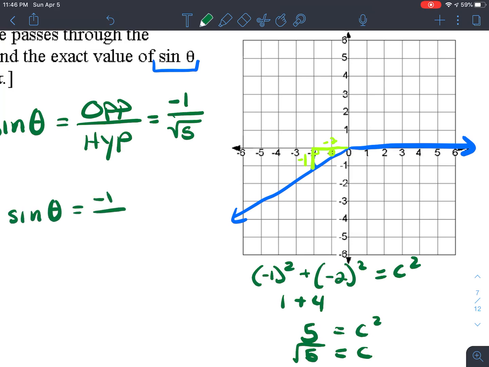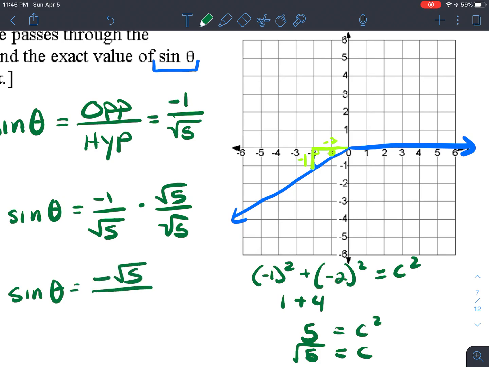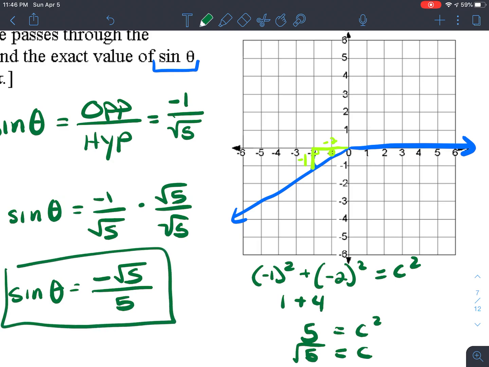So sine of theta is equal to negative 1 over radical 5 times radical 5 over radical 5, giving me a final answer of negative radical 5 over 5. Okay. And that was all done by turning this angle into a right triangle and finding all the corresponding sides.